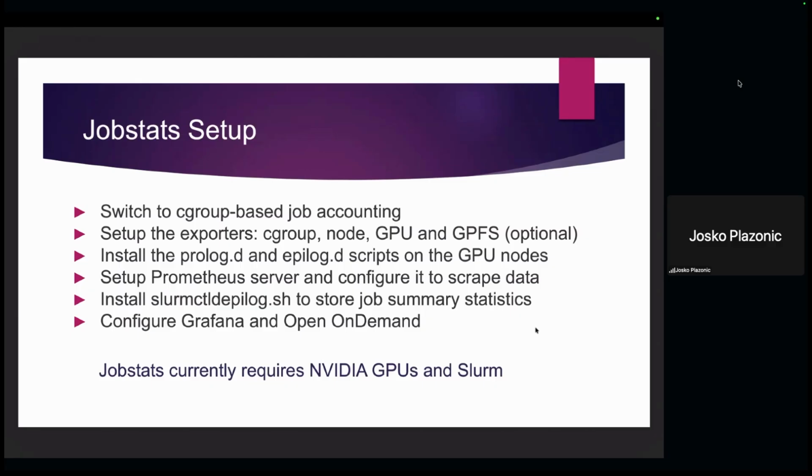Anyway, for the GPU, as I mentioned already, we require a couple of small prologue and epilogue scripts to help us determine which actual GPU is being used by a job. We're pretty concerned about efficiency, and while one could find this out differently, NVML allows you to look at the PIDs of processes using the GPU, and then you could try to see which job that process belongs to, and so on and so forth.